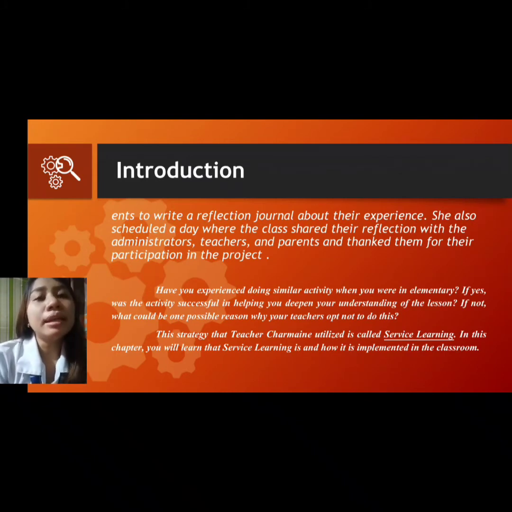So, sabi din dito, this strategy that Teacher Charmaine utilized is called service learning. In this chapter, you will learn what service learning is and how it is implemented in the classroom. So, yun nga yung isinagawa ni Teacher Charmaine is example daw ng service learning, a strategy in teaching social studies in elementary grades.